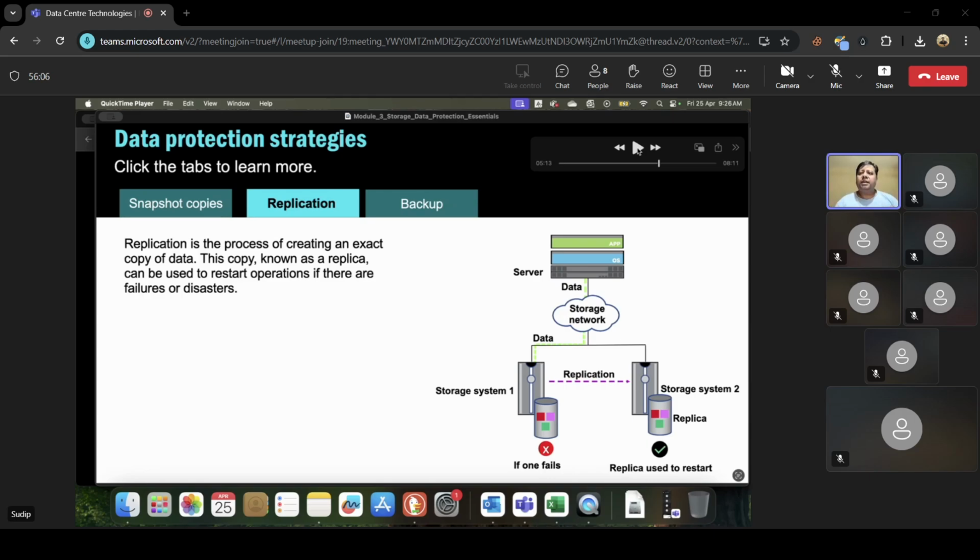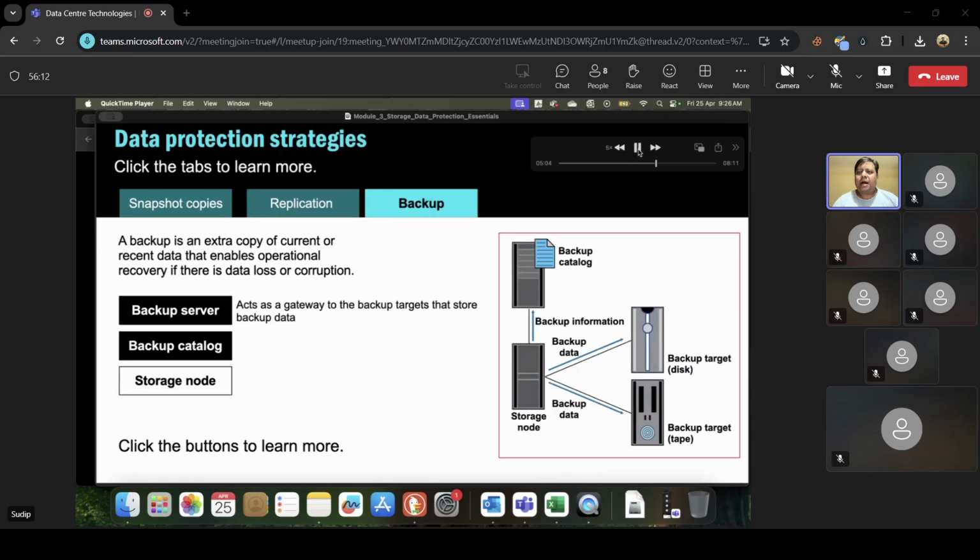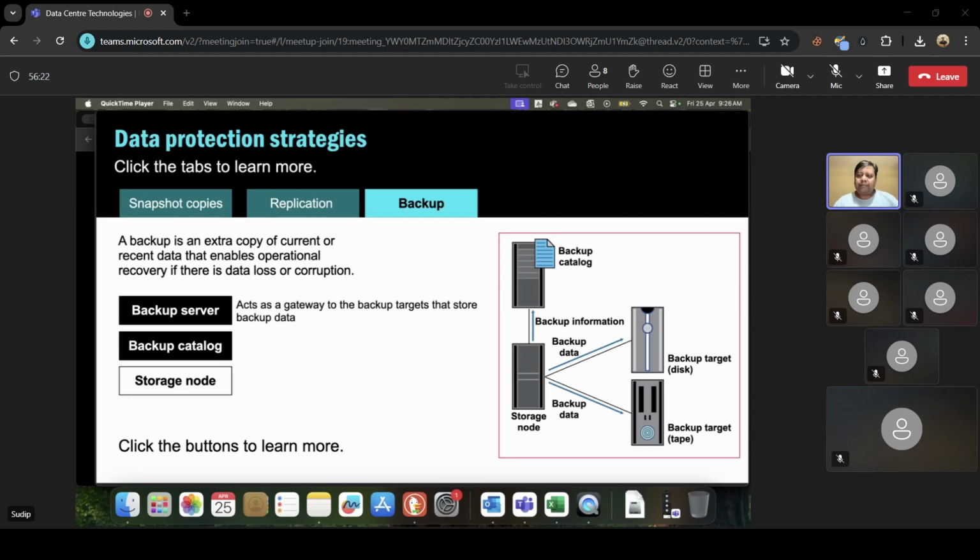But when we learned about backup, other storage systems are possible. So the backup target can be from any other manufacturer, it doesn't matter. Your source can be NetApp, whereas your backup target can be EMC or Dell or Huawei, no problem.